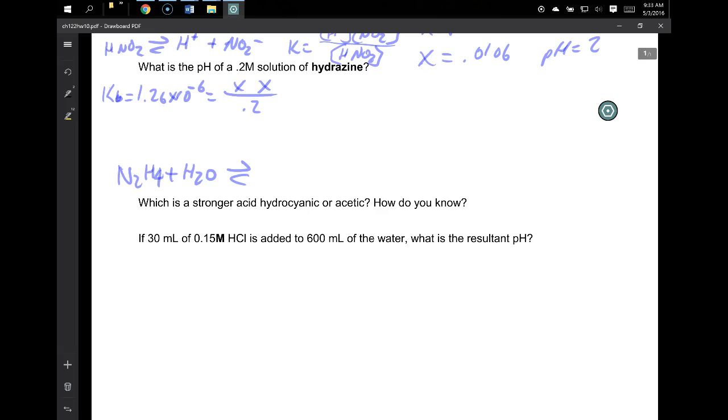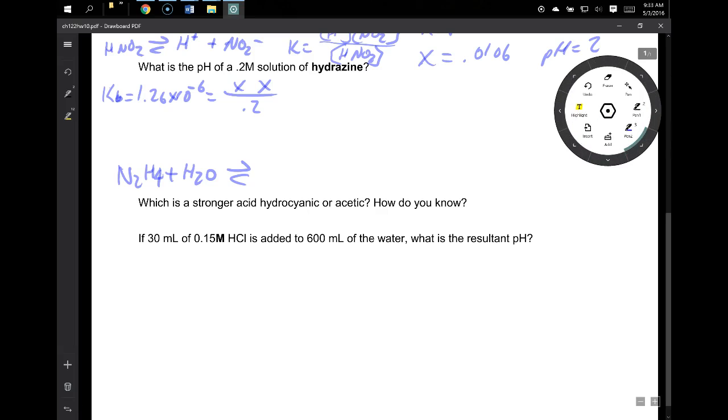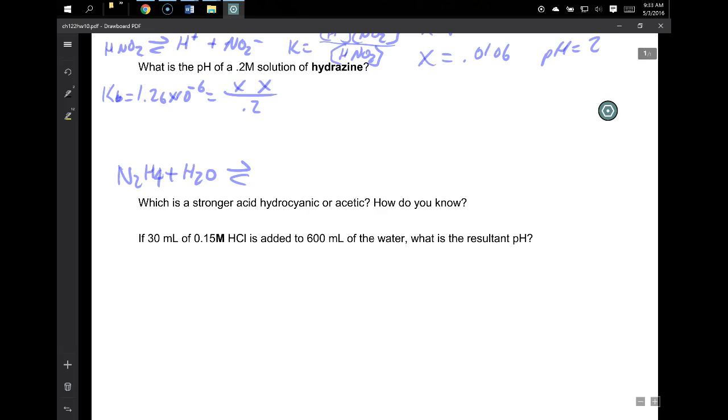And what does Lewis say a base does? So Arrhenius says it increases OH minus concentration in water. Bronsted-Lowry says it accepts a proton, and Lewis says it donates electrons.